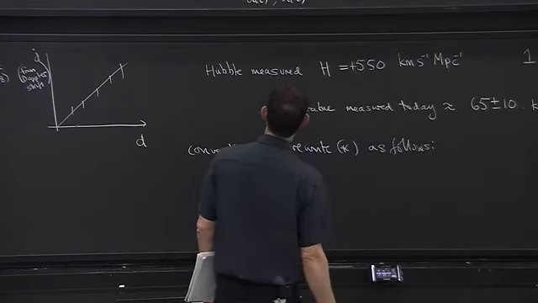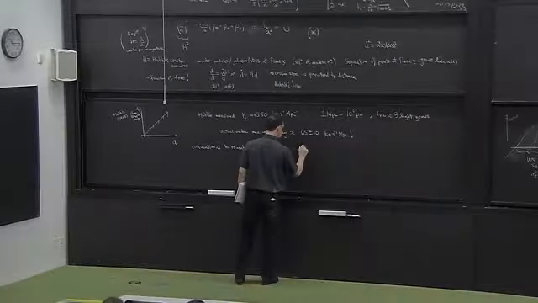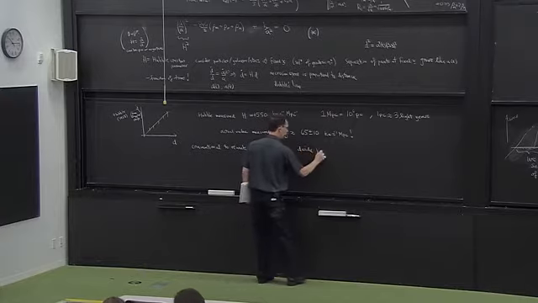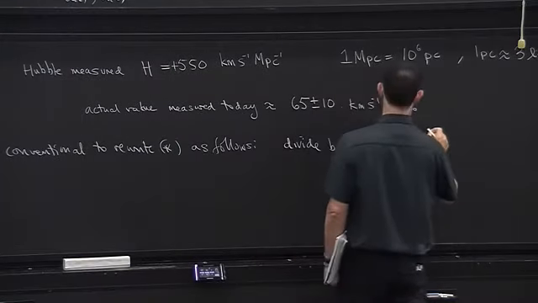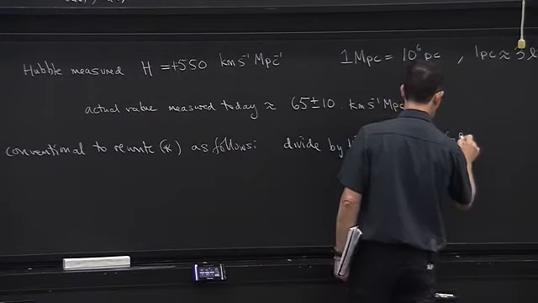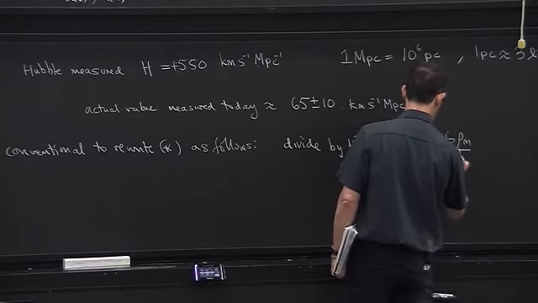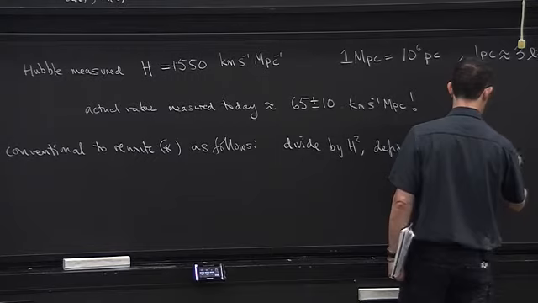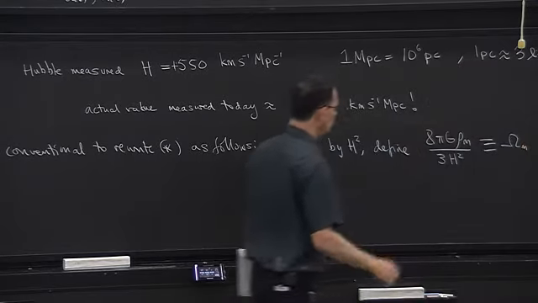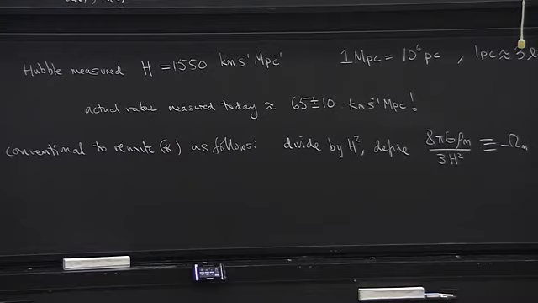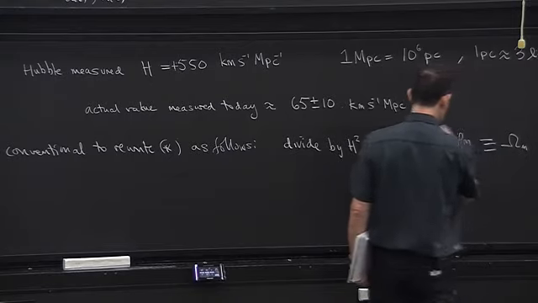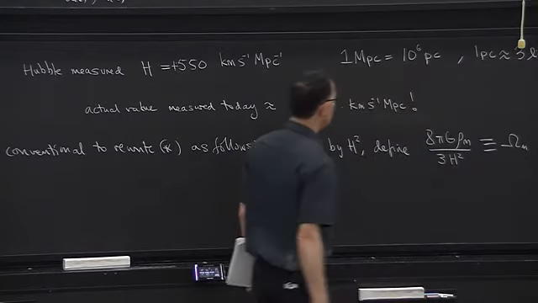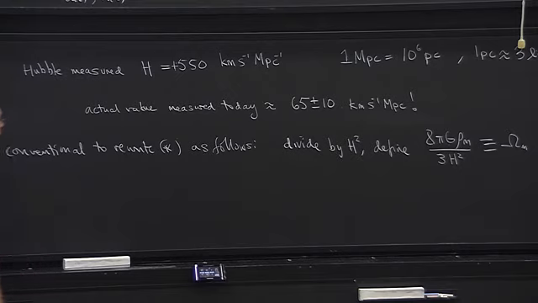We simply divide by H squared and define 8 pi G rho matter over 3 H squared as equals omega matter. So omega matter means the density of matter in units given by Newton's constant and the Hubble constant squared. So all it represents is the fraction.